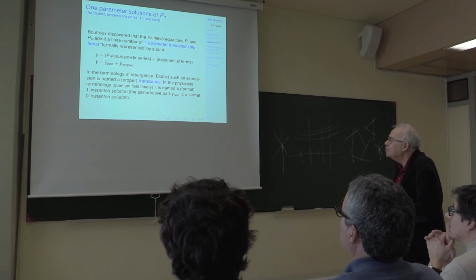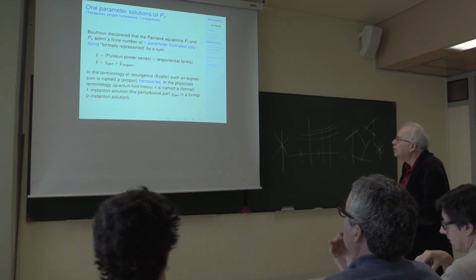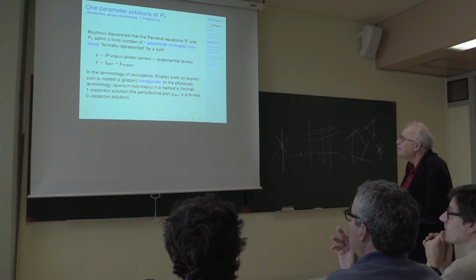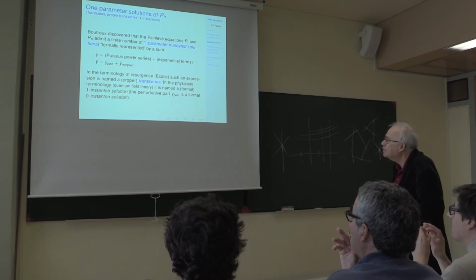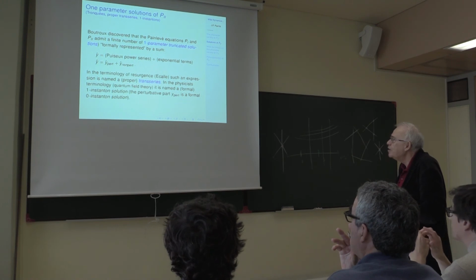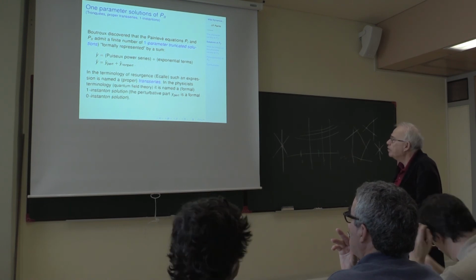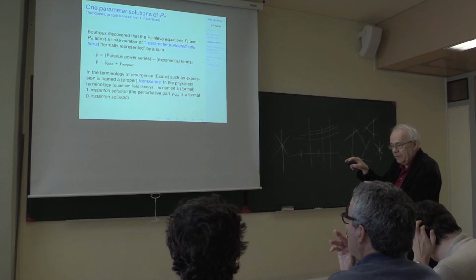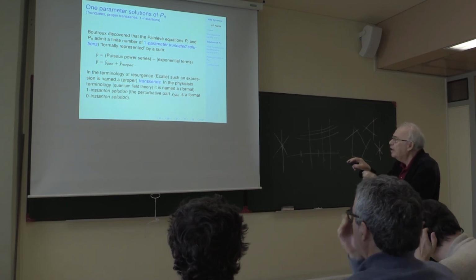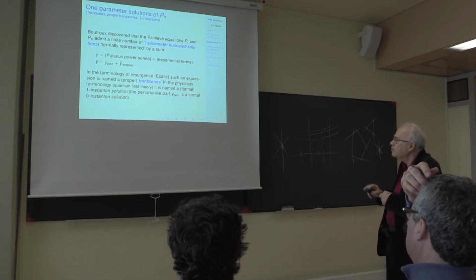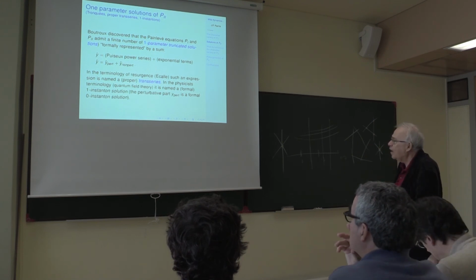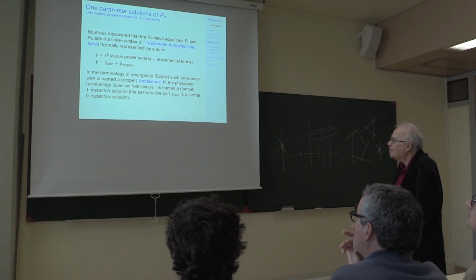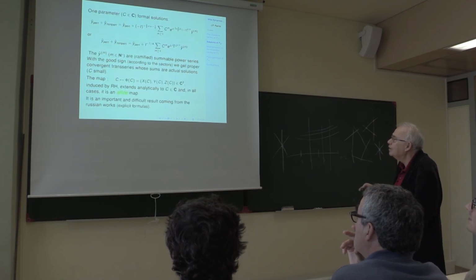And now Boutroux also discovered that you have another interesting family of solutions, the one-parameter solutions. Formally, you can represent these solutions by starting from the Puiseux series and then adding a non-perturbative term, what in Écalle's terminology is a transseries. In physicist terminology, it is a one-instanton solution, and so on.